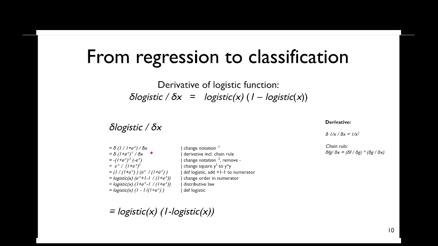Let's change the notation: instead of the fraction, we write to the power of minus 1, and that gives us the second line over here. Now we can build the derivative, so we take minus 1 to the front, and the exponent becomes minus 2. But we have to apply the chain rule, which means we have to differentiate the inner part as well.